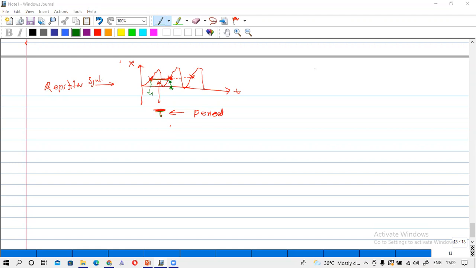If your answer is wrong, it is okay, no issue. Just tell me what that value is. If this value is T1, what is this value? This value is T1, and from here to here it is another T value, that is the period. So after this period, the signal is repeating. What is this time point?